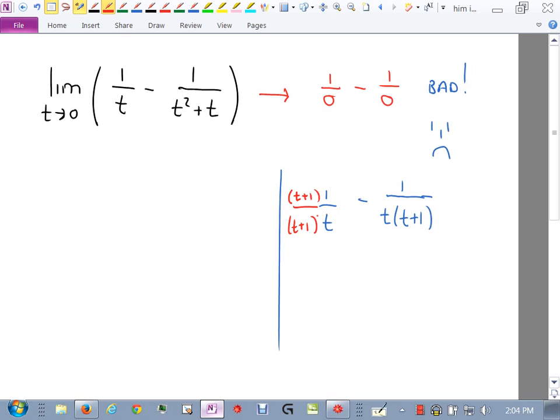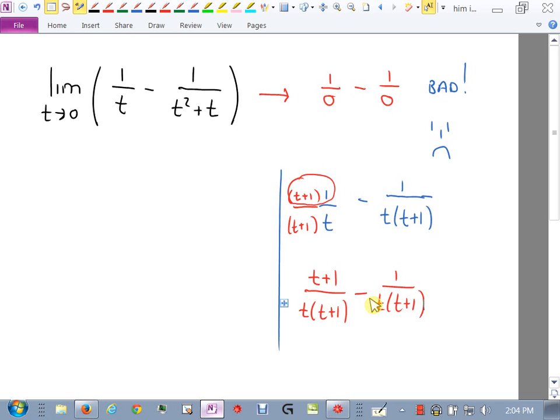So we're good with this? No questions on what I'm doing? So the top one here becomes t plus 1 over t times t plus 1, minus, this one is just 1 over t times t plus 1. Now that they have the same denominator, I can put them together.